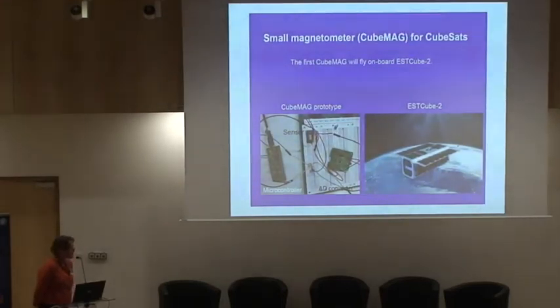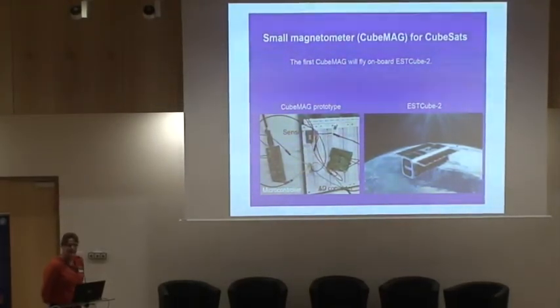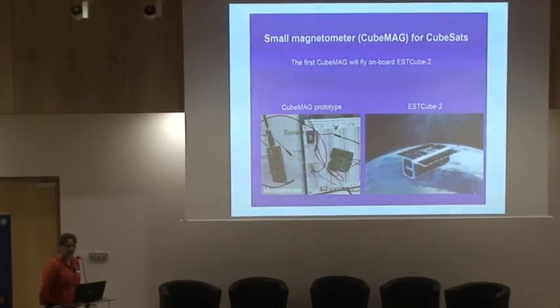And this talk was mainly about science, but we also have started doing a little bit of hardware design. And this is our first try. We have built a scientific quality magnetometer that will fly on board SQ2 in the near future.